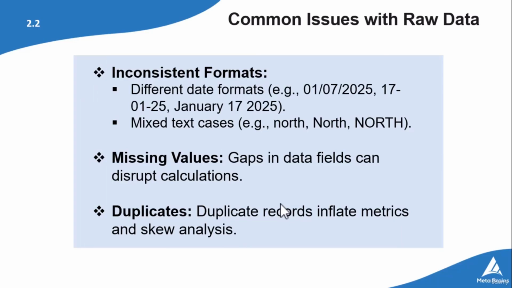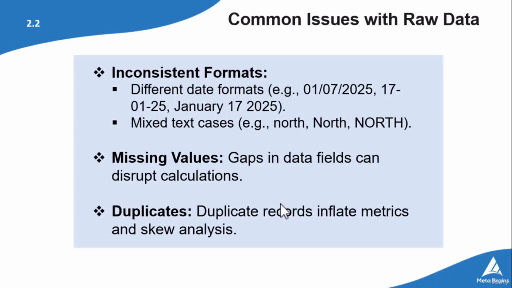Common issues with raw data can make structuring a challenging task. For instance, you might encounter inconsistent formats, such as mixed cases for text entries. One row may have all text written in lowercase, another with only the first letter capitalized, and the rest in uppercase. There may also be different date formats, which can cause further inconsistency. You might find duplicate records that distort metrics like revenue and customer count.